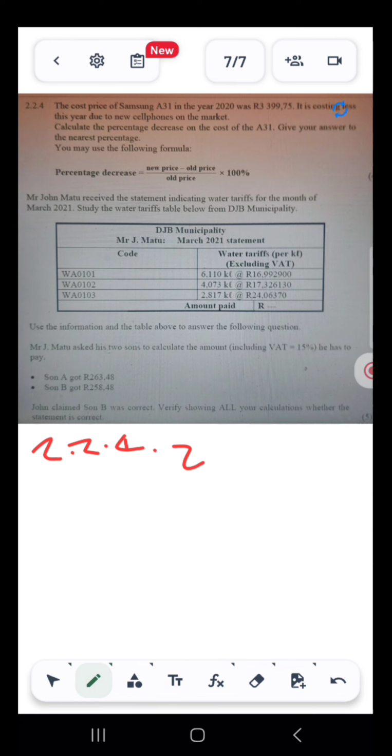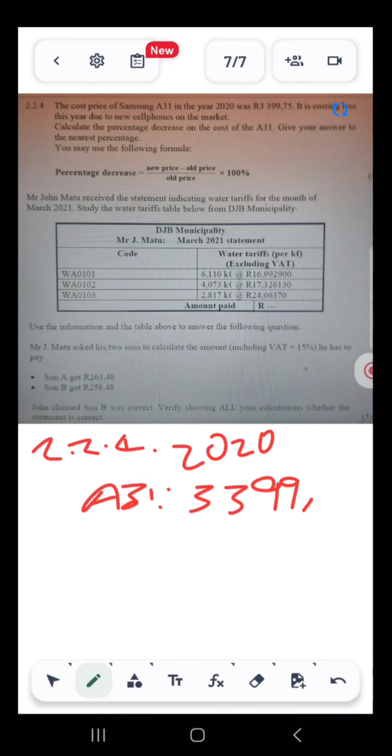So in the year 2020, the cost price of A31 was 3,399.75. That was the cost price. It is costing less this year due to the new cell phones on the market. Okay, that makes sense. Calculate the percentage decrease on the cost of the A31. Give your answer to the nearest percentage. You may use the following formula.